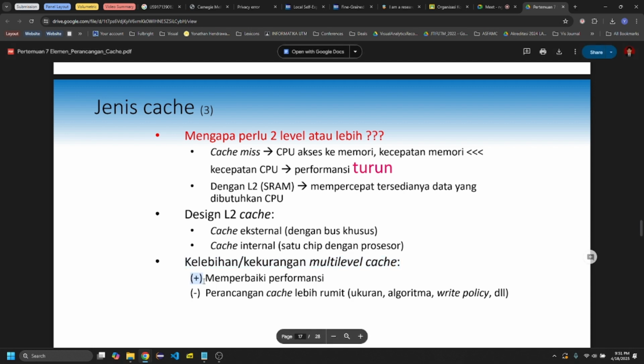The pros, the advantage is increased performance. However, the downside, the cache design and implementation is more complex in terms of size, and then the algorithm, and then write policy, and then the circuitry inside the CPU chip will be more complex. That's the downside.